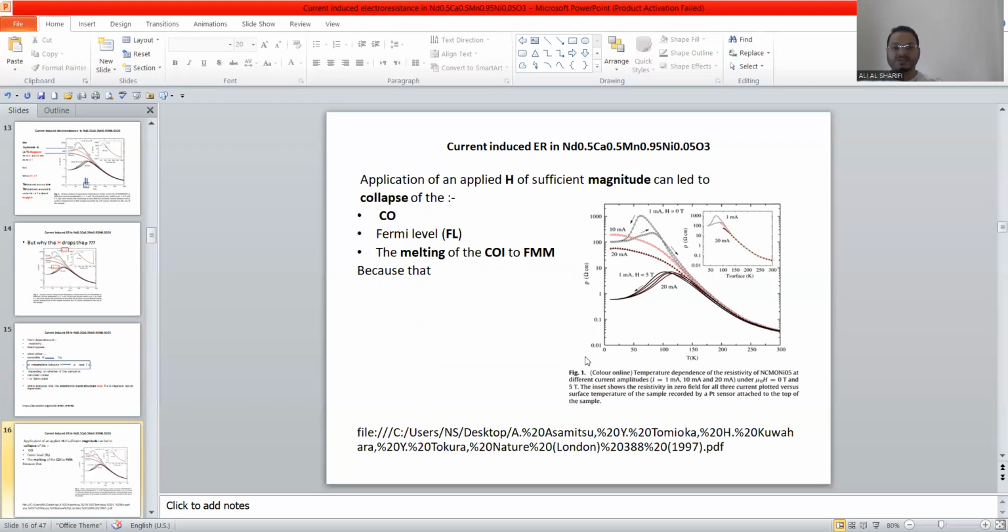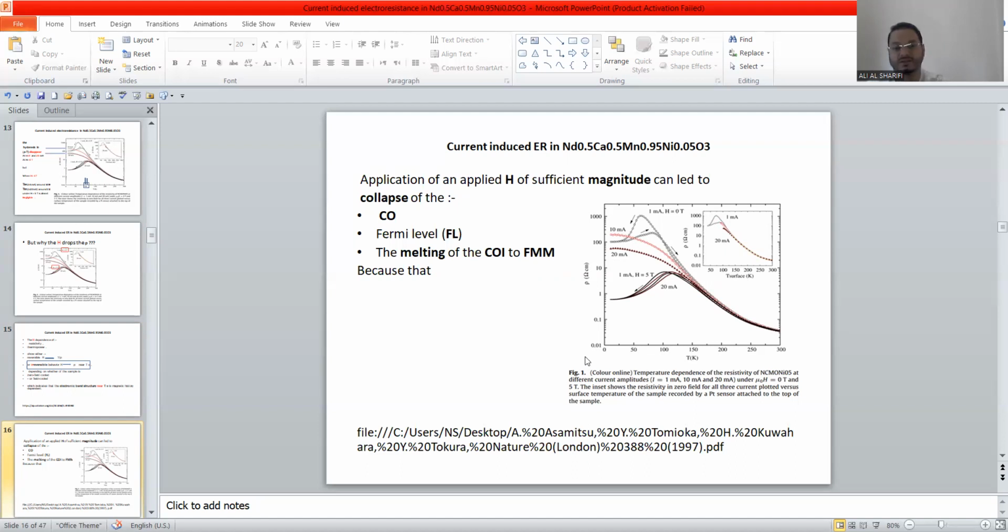Here, application of an applied magnetic field of sufficient magnitude can lead to what? Here, it's another part of the solution to the previous question. Lead to collapse of what? Collapse in which part? In charge ordering, Fermi level, or the last one, melting of insulating charge ordering to ferromagnetic.